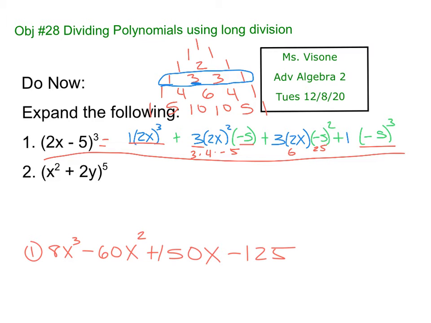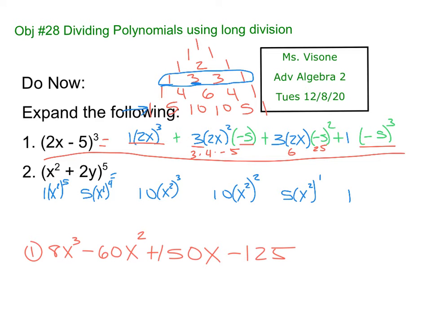All right, and then to the 5th, that's the hard one. That's this one, because it's longer. I'm going to write it down here. 1, 5, 10, 10, 5, 1. x squared to the 5th, x squared to the 4th, x squared to the 3rd, x squared to the 2nd, x squared to the 1st.